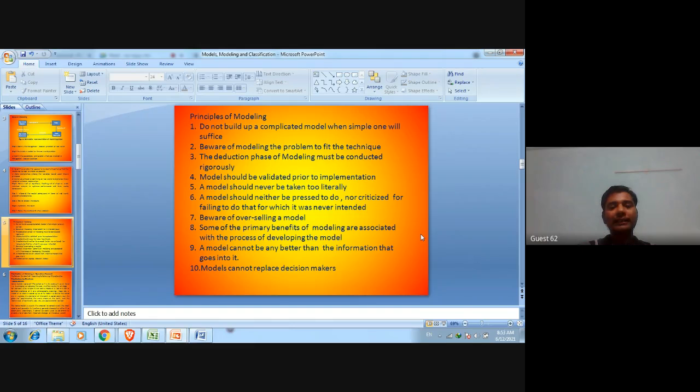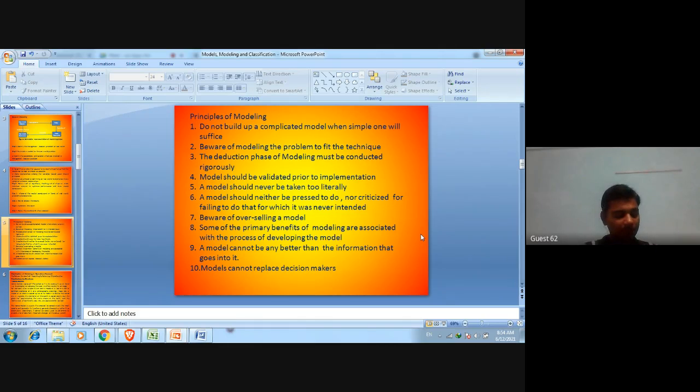Now, beware of overselling a model. Overselling means sometimes it happens that the model you have constructed has failed. It is also possible that when you were trying to construct your model, the conclusion failed to describe your situation. According to this principle, which is of particular importance for the operations research professional, most non-technical beneficiaries of an operations researcher's work are not likely to understand his method.